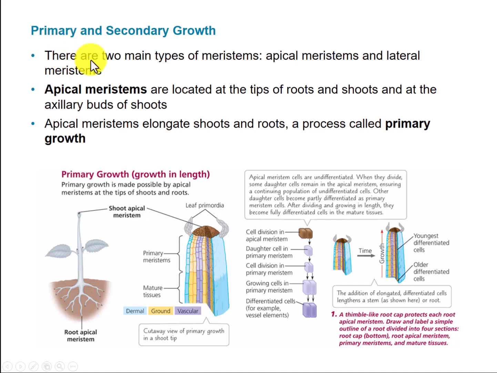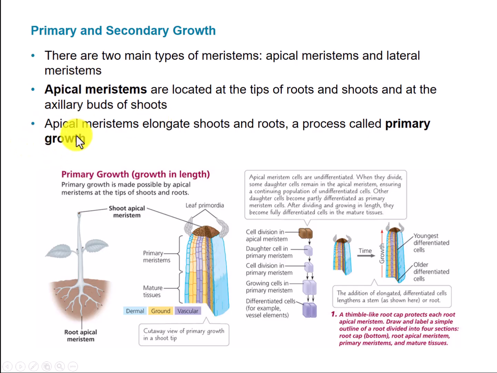And so there are two main types, and we looked at these earlier. We have the apical, and remember the apical is going to be located at the tips, apic meaning tip. These apical meristems are going to keep pushing and elongating shoots and roots in a process called primary growth.